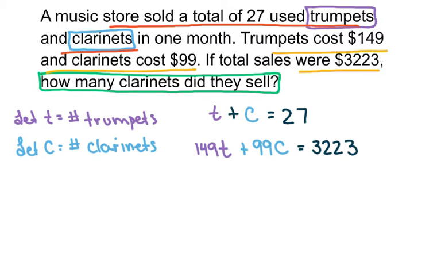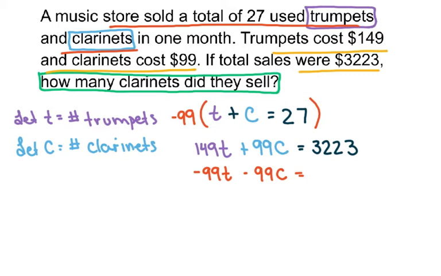So we're going to solve that. So thinking about this, what method would work best here? Typically, I am a huge fan of the elimination method, so that's where I would go with this problem. But you could solve for either C or T and use the substitution method as well. But I'm going to go ahead and use the elimination method, and I'm going to multiply the first equation by negative 99 because I'm going to eliminate that smaller number there. So I'm going to get negative 99T minus 99C, and then I need to multiply.